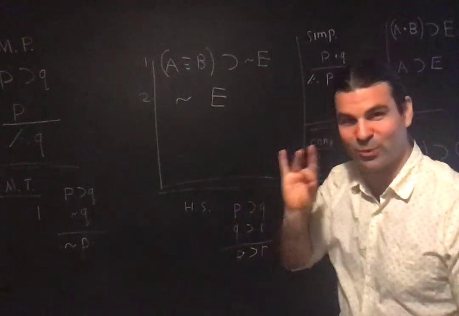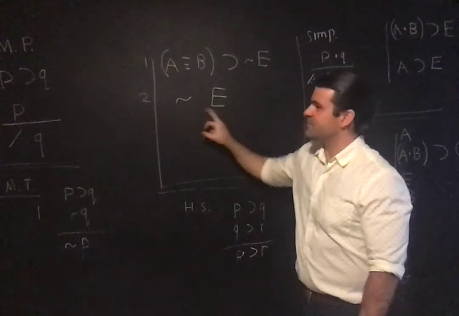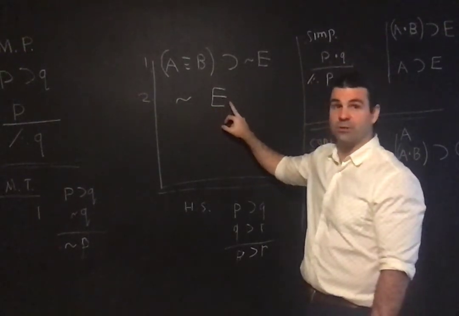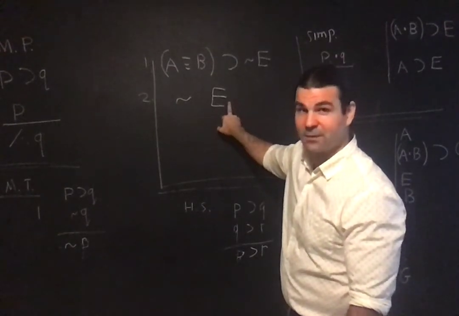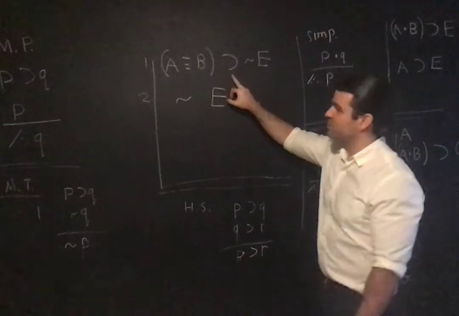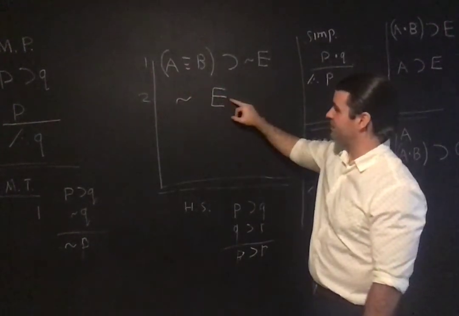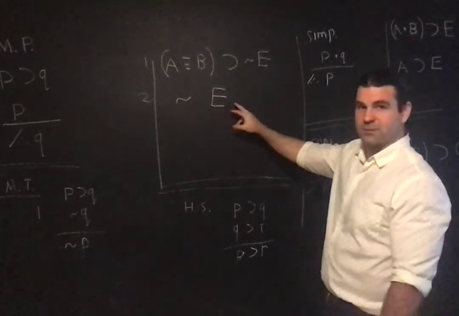It's not the antecedent of the conditional, so I can't use modus ponens here. So I might mistakenly think I could use modus tollens. I can't use modus ponens because modus ponens needs the conditional and the antecedent of the conditional, and I don't have that. So it must be modus tollens.